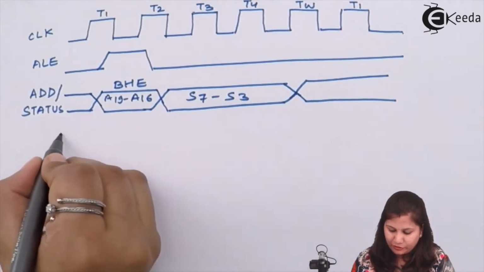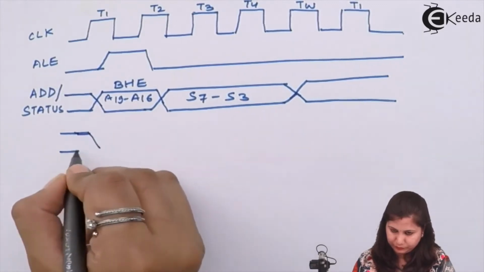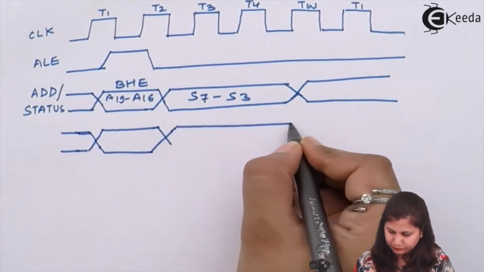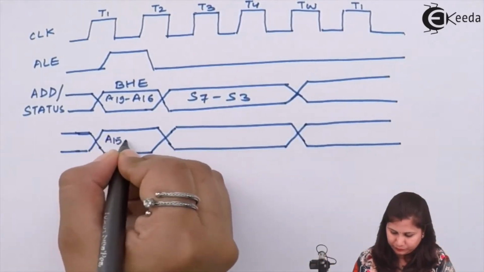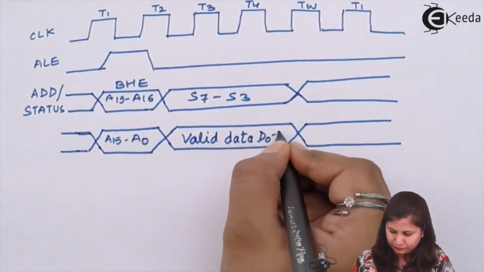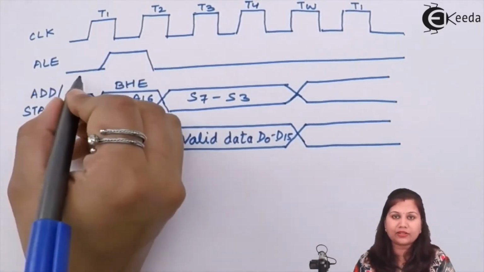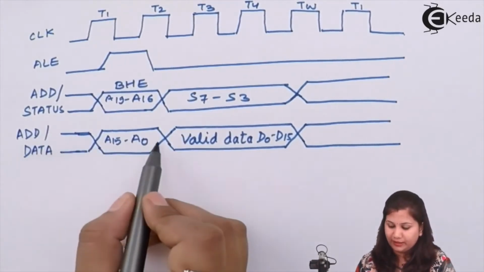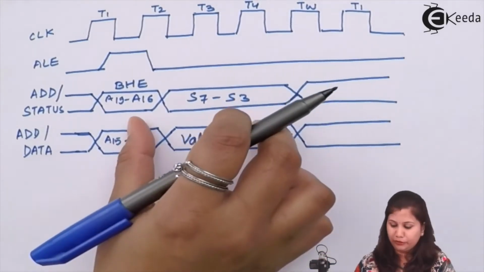Next we have the address and the data bus. When this address latch enable signal is high, the address is placed on this address and data bus, and when this signal goes low, valid data is available here.